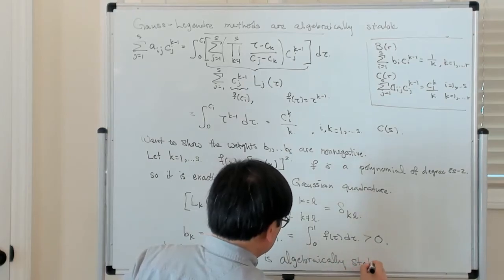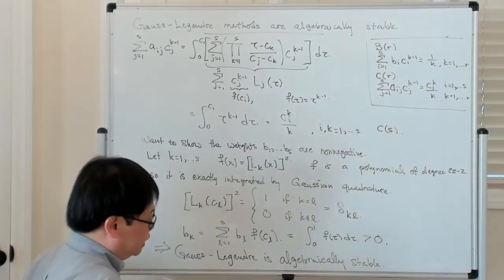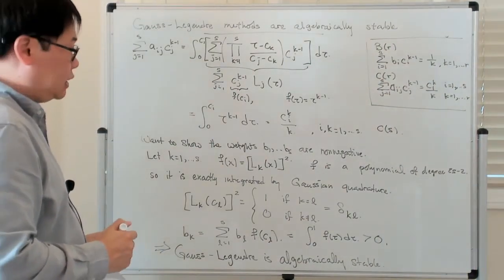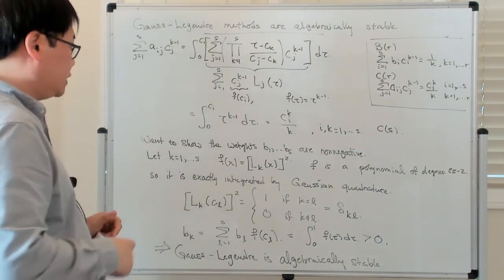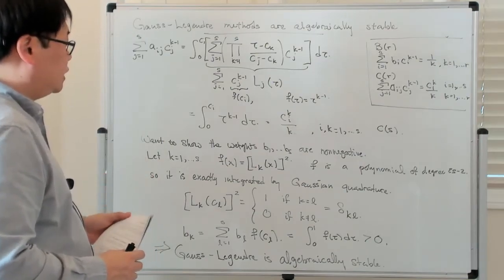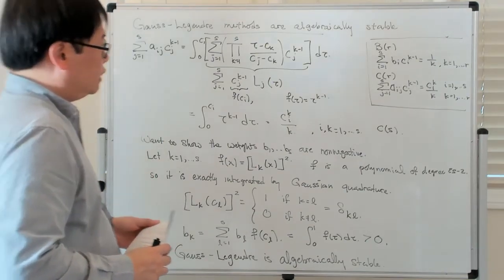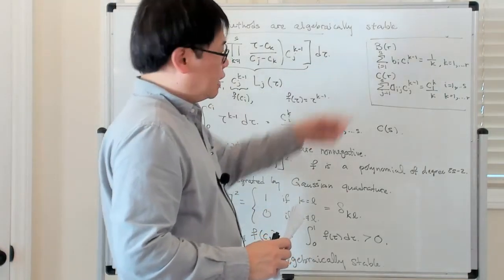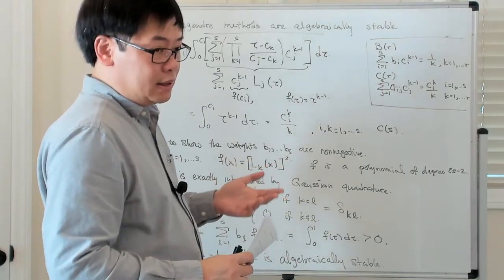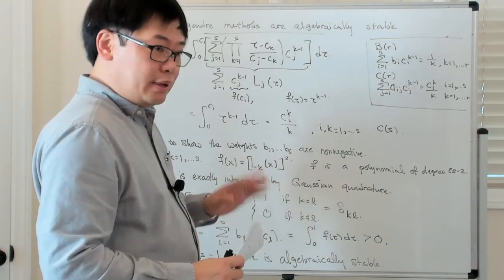Okay, so I should have said that. I made a mistake when I stated that lemma initially. In the lemma, which I stated at the start of this segment, I said that if the Runge-Kutta method satisfies the B(s), B(2s) and C(s) conditions, then it is algebraically stable. That's not true.